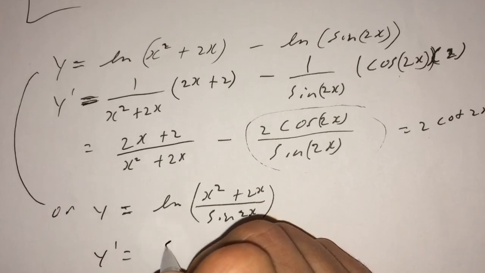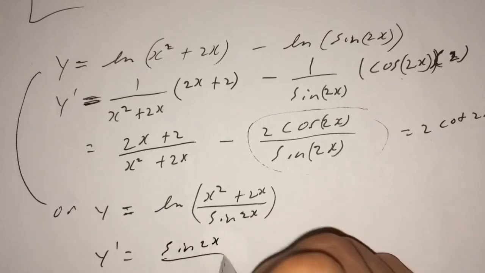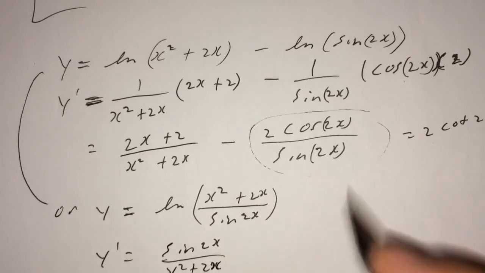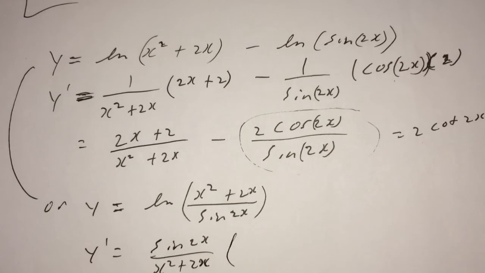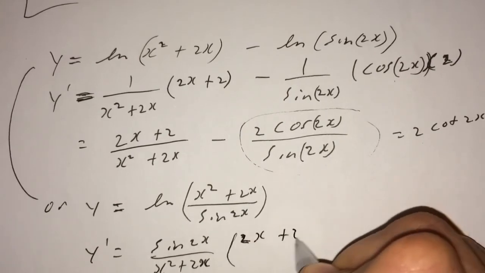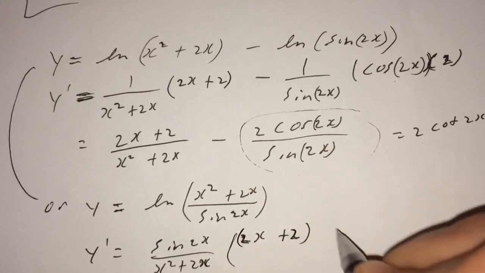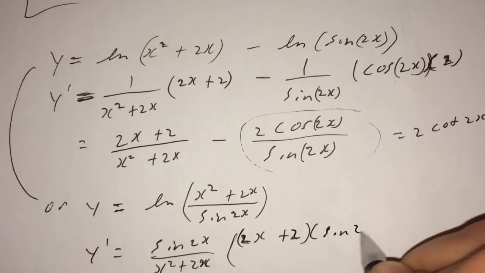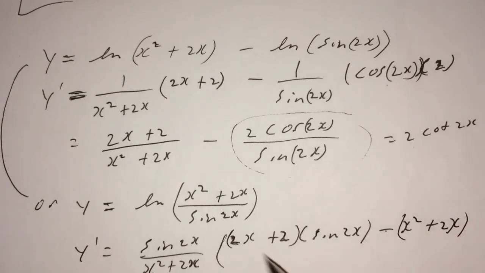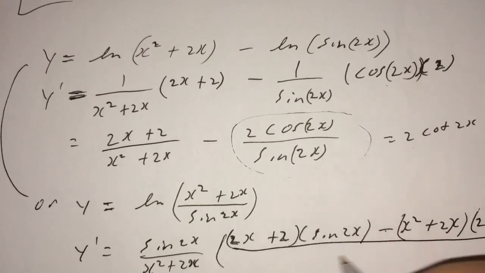So I would say sine 2x over (x squared plus 2x), times the derivative of the inside, which is the derivative of the top, which is 2x plus 2, times the bottom, sine 2x, minus the top times the derivative of the bottom. The derivative of sine 2x is 2 cos 2x, all over the bottom squared.